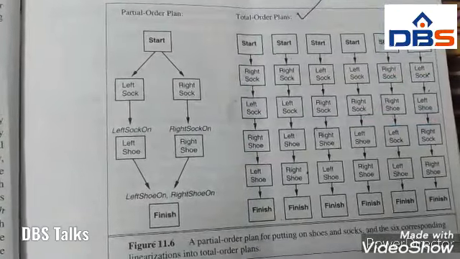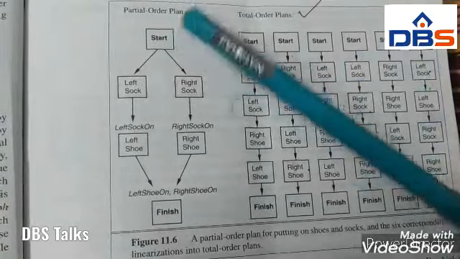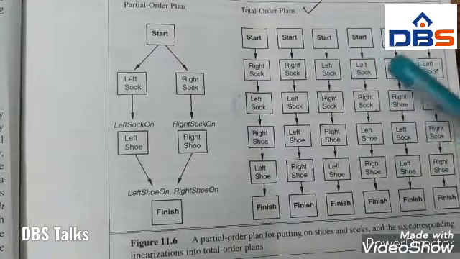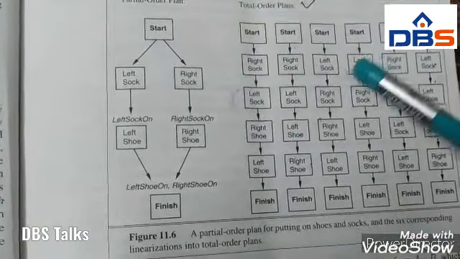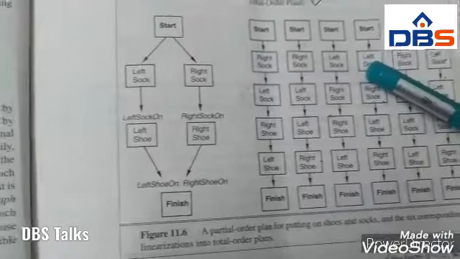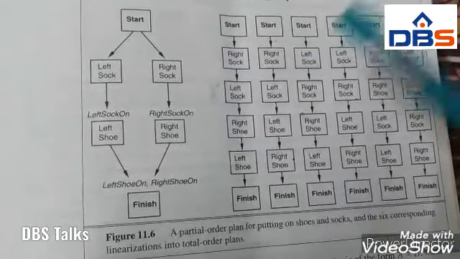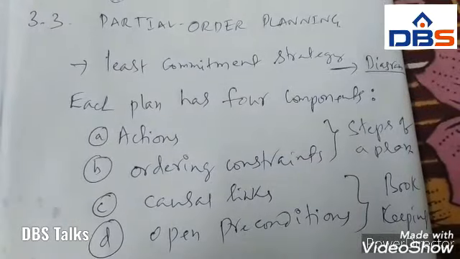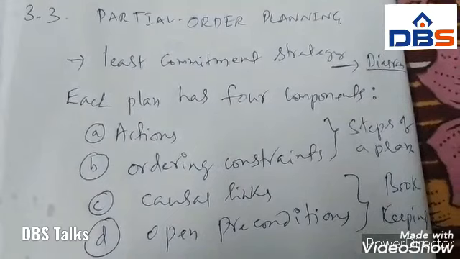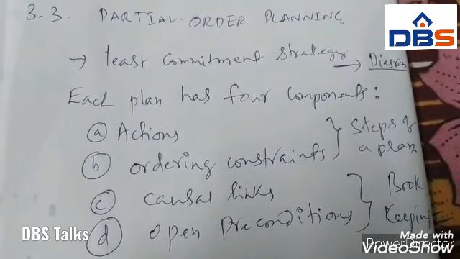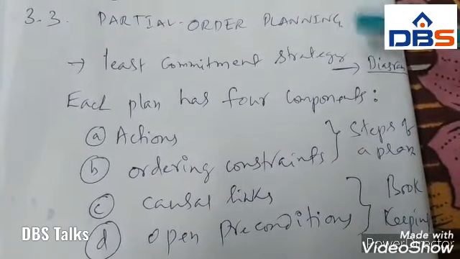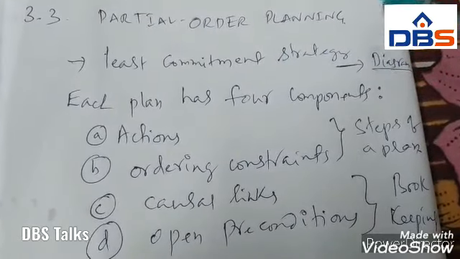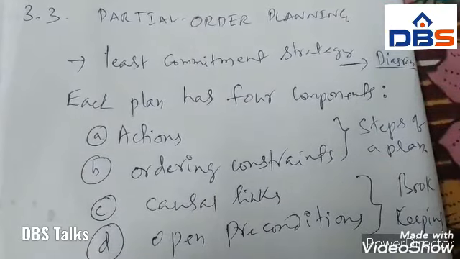Here we can perform any one, whether we select the left side or the right side. These are the 6 different total order plans which are obtained from one partial order plan. Each plan has 4 components: actions, ordering constraints, causal links, and open preconditions.